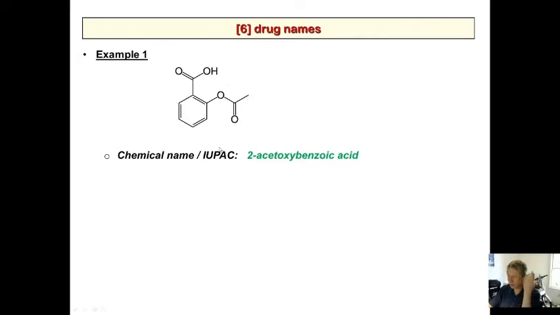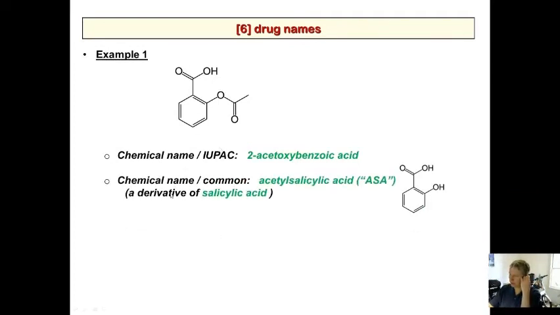IUPAC is a very formal naming system. There's also a chemical name or common name, which is acetyl salicylic acid, sometimes abbreviated ASA. That's a derivative of salicylic acid, which is this molecule.